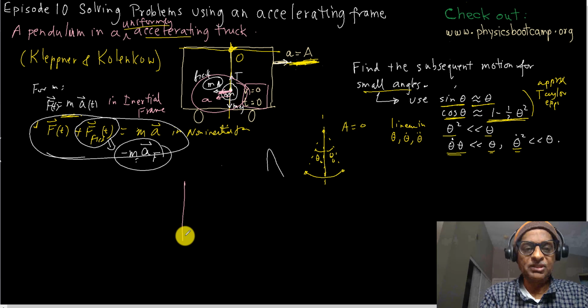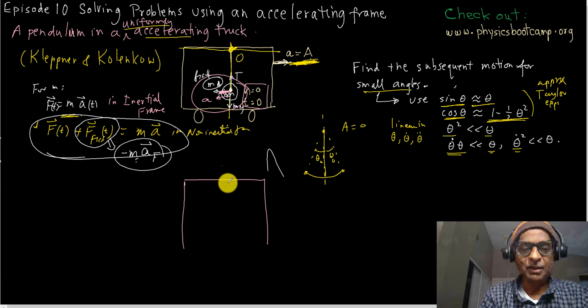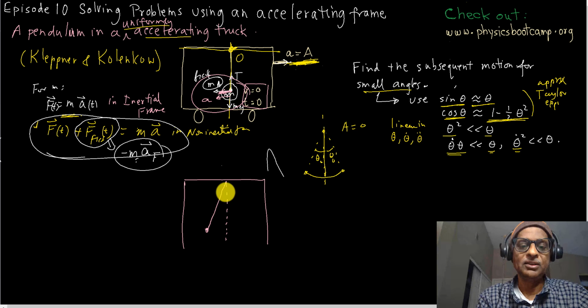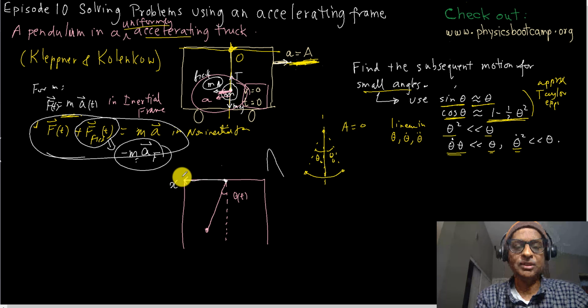So at an arbitrary time we can say this is the vertical and the string points to some point over here. This angle will be theta of t, and we'll point the x-axis that way. In the last video I used a primed x-axis, but I'm going to drop that now.